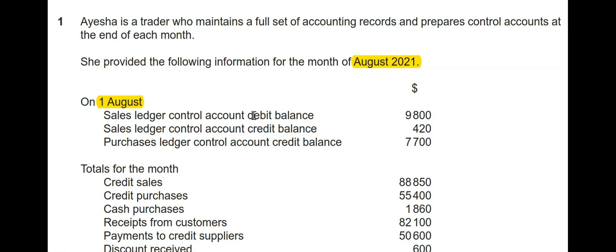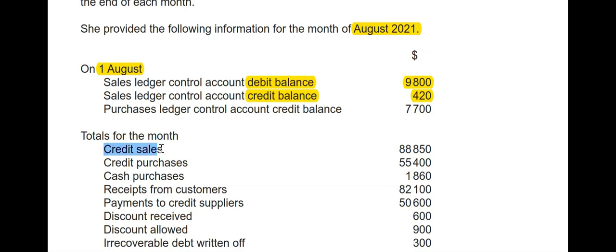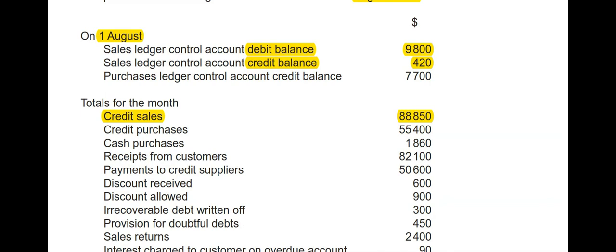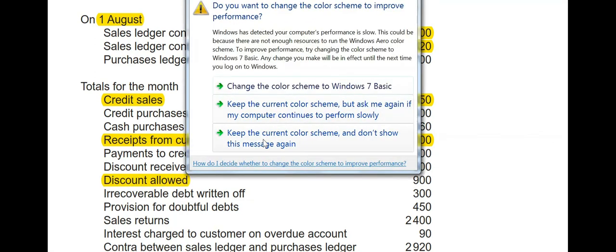Now sales ledger control account debit balance is given to us and a credit balance is given to us. Always remember that on the opening date the debit balance and credit balance will come on the side on which they have stated. They have also mentioned the credit sales, and they have also mentioned the other items that are related to sales ledger control account, like receipts from customers, discount allowed.